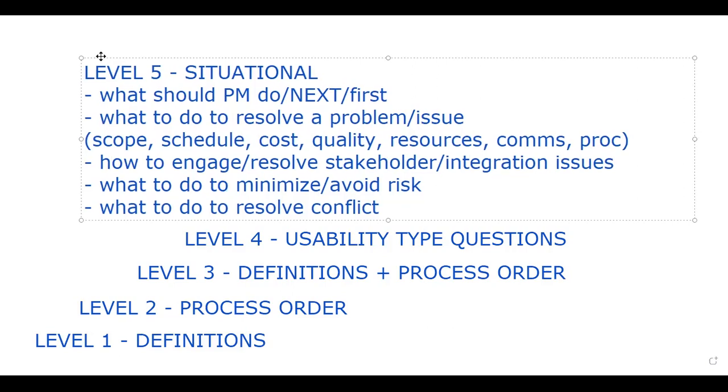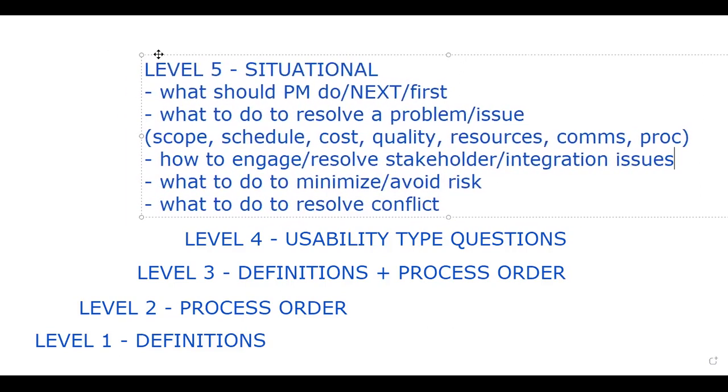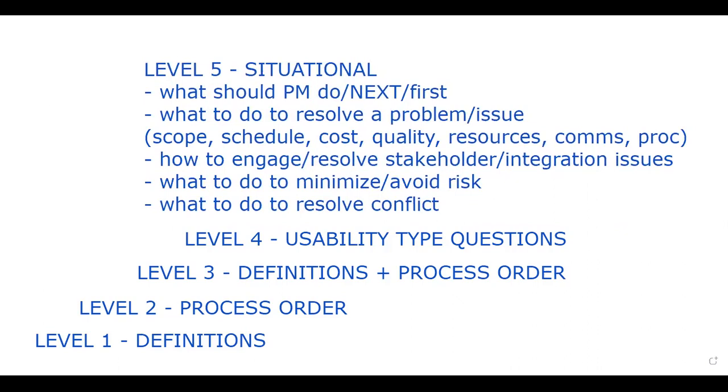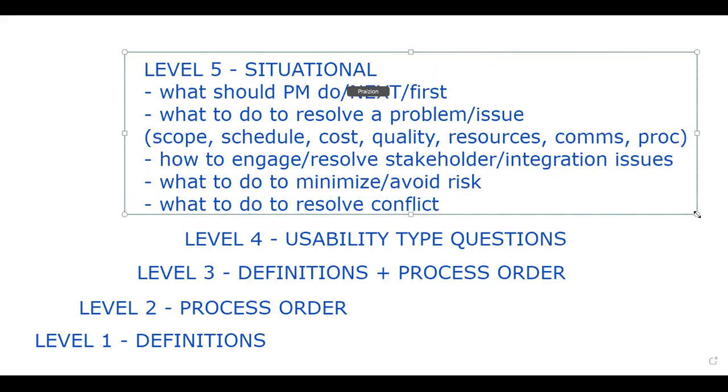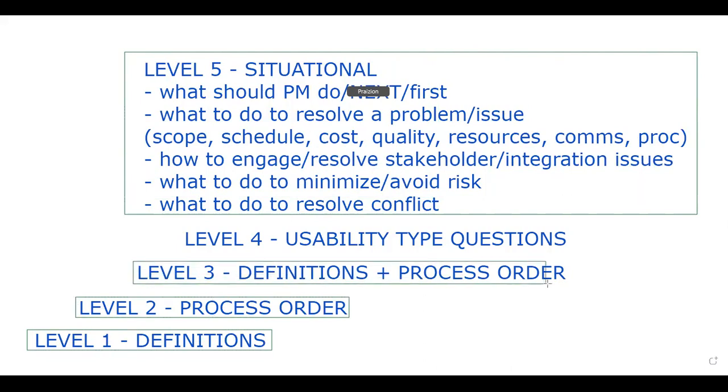So when you take a look at your exam, my friends, you can expect questions to fall more into this final category, level 5. Level 1 questions, you could get some of these, not that many. Definition and process order, you could very well get those. And also don't forget, we're not just talking about predictive, we're also talking about Scrum.